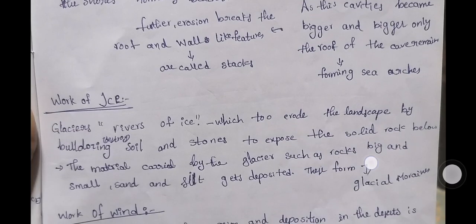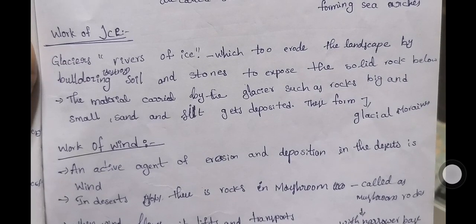And the next is the work of ice. Actually, glaciers. Work of ice means here the work of glaciers. Glaciers are called the rivers of ice, and glaciers also erode the landscape. How is it eroded? Glaciers are very huge and travel very slowly.